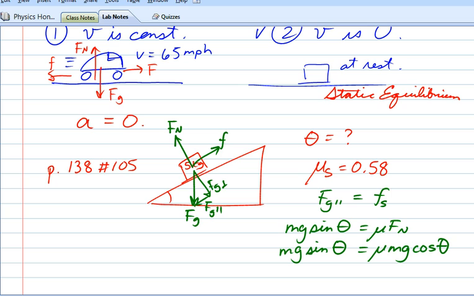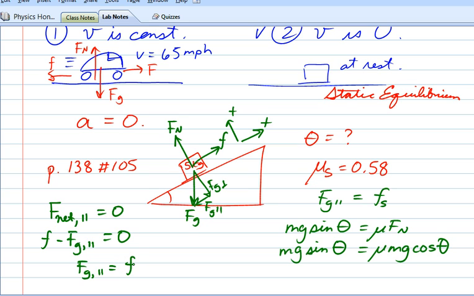Okay, and this comes from the fact, let's back up the train a little bit, that the net force parallel is 0. So that means that if upwards is positive, then we have friction minus Fg parallel is equal to 0, or Fg parallel is equal to the force of friction. So that's where all of this comes from, because we have static equilibrium.